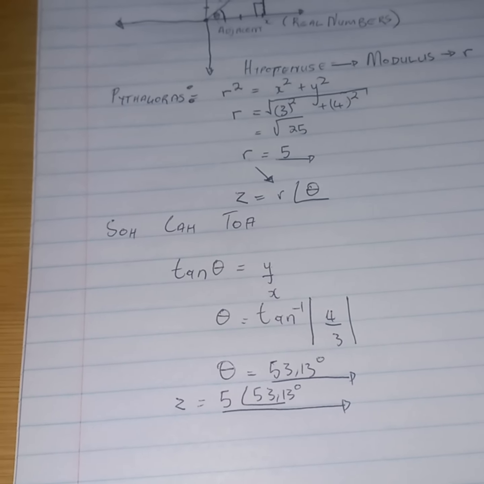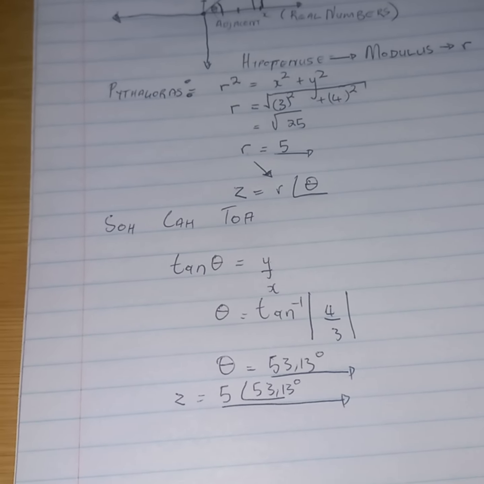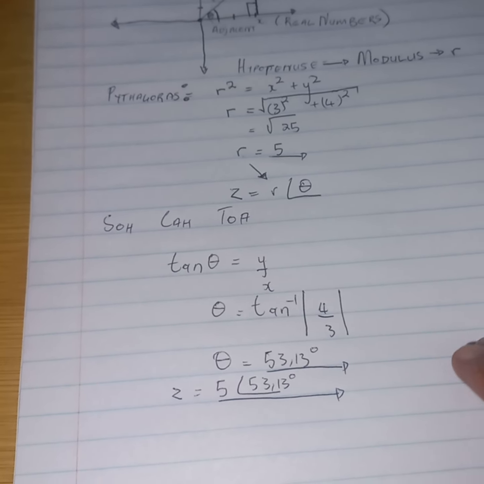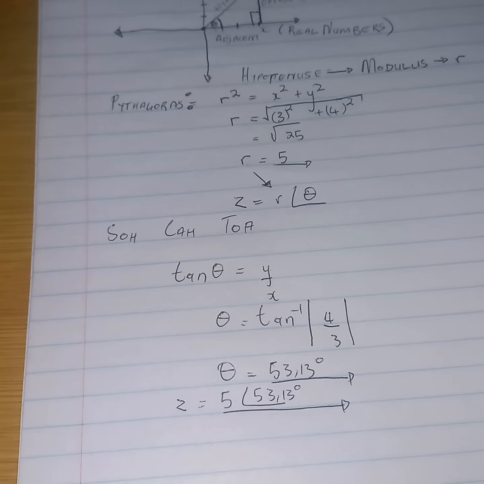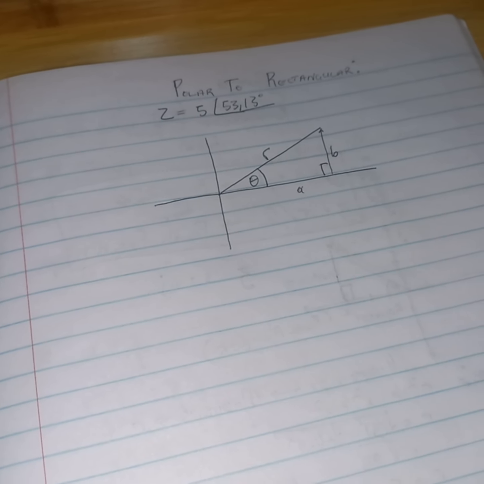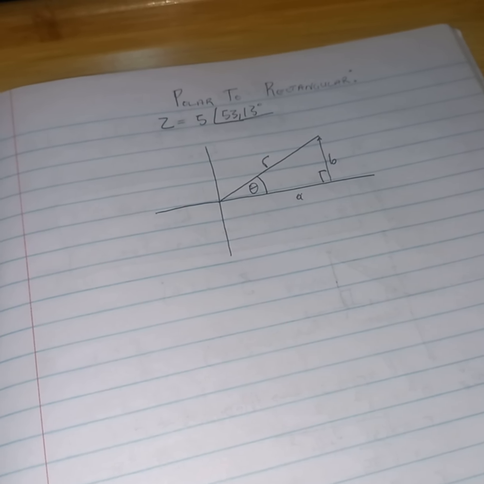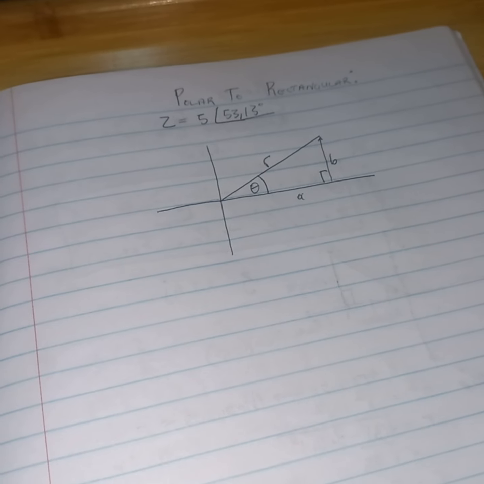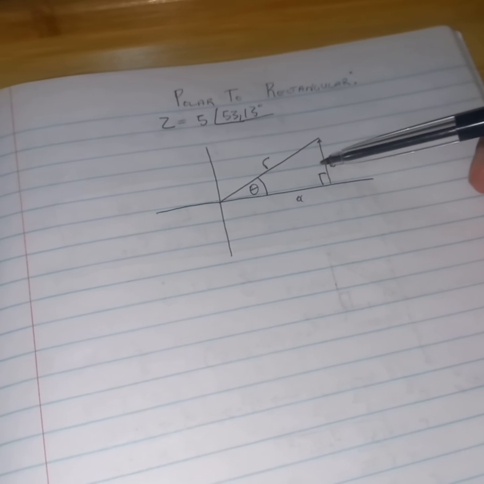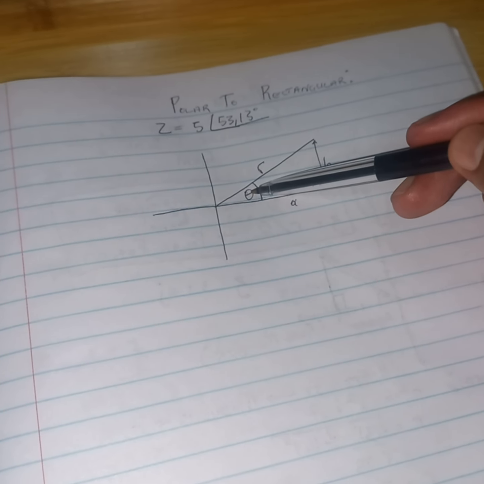All right, but if we can convert from rectangular to polar, then we can convert from polar to rectangular. So how do we go about that? If we have the very same polar form and we want to take it to rectangular form, then going back to the Argand diagram, we do have the modulus and we do have the angle.